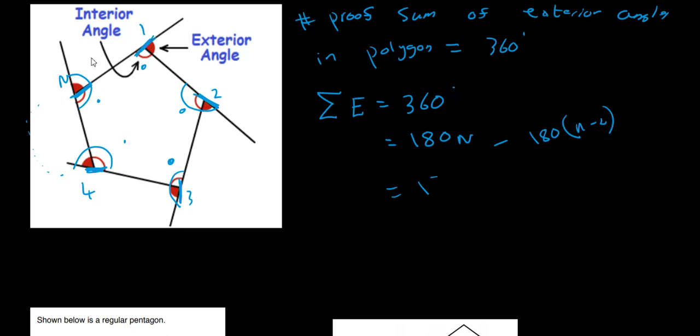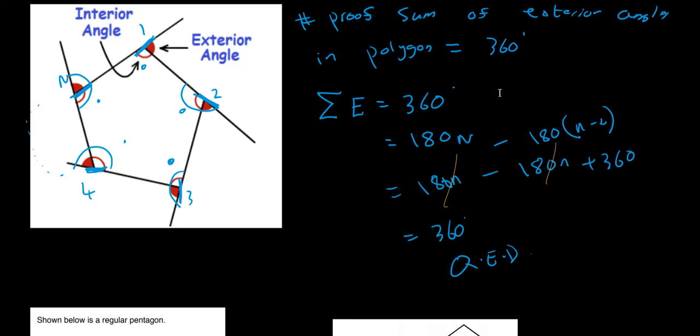So let's expand this binomial. So we've got 180n minus 180n plus 360. We can cancel this out. And then we are just left with 360 degrees. Okay, that's a beautiful proof. So let's have a look at some questions.